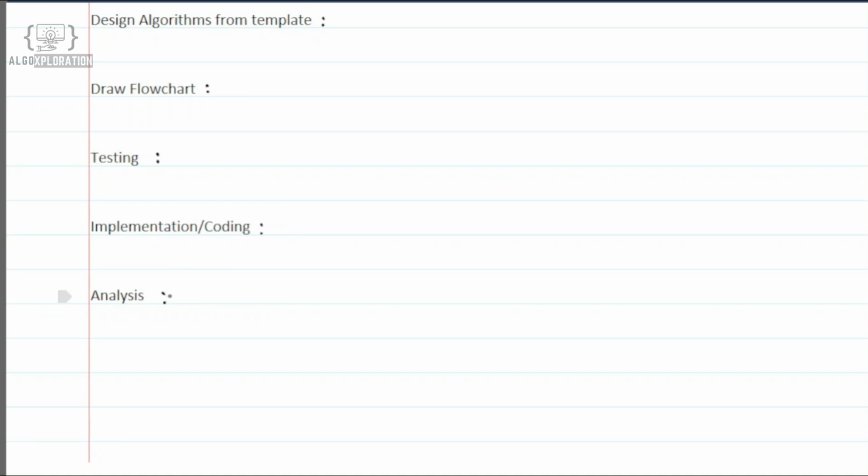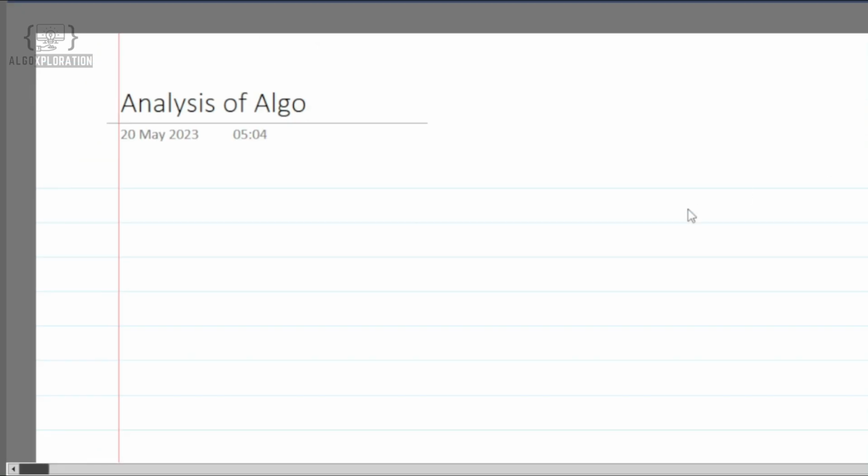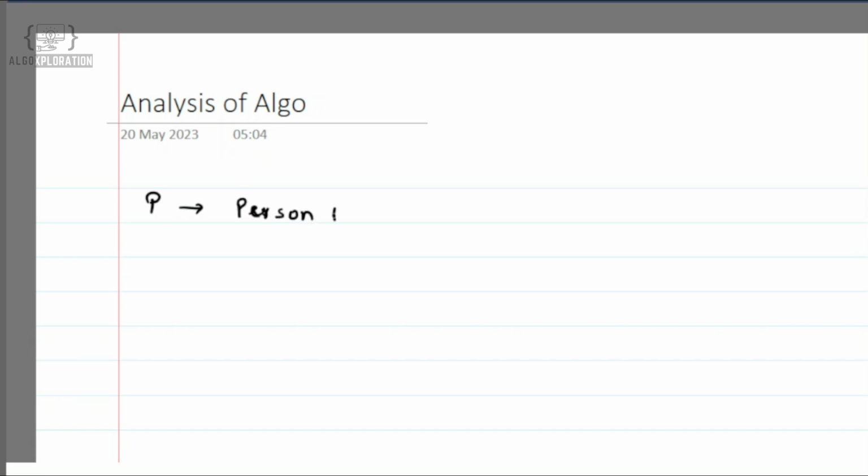Now, what do we mean by analysis of algorithm? Let's see it. We have a particular problem P and person A has come up with an algorithm, let's name it algorithm 1, and person B has come up with algorithm 2.